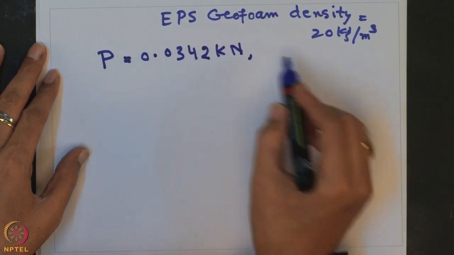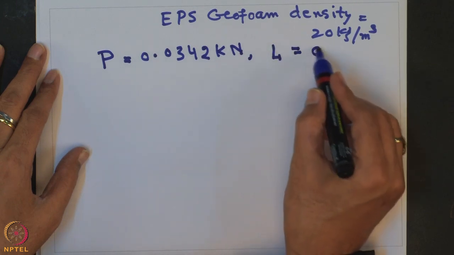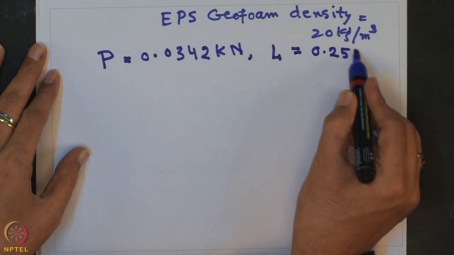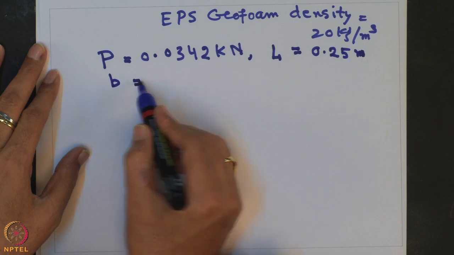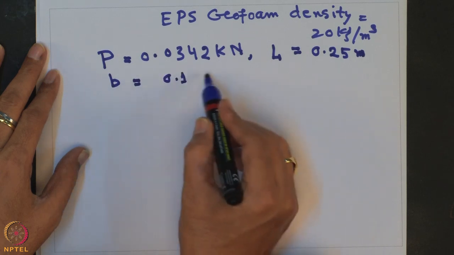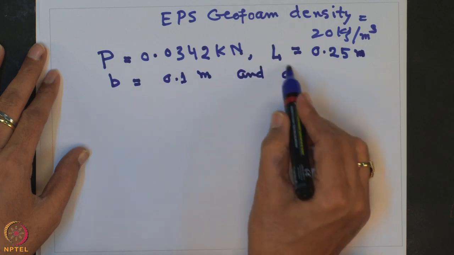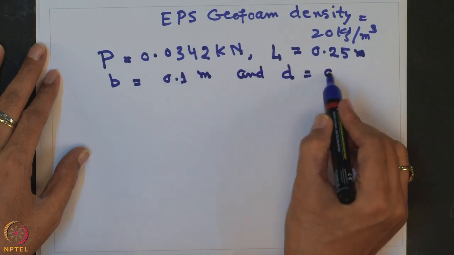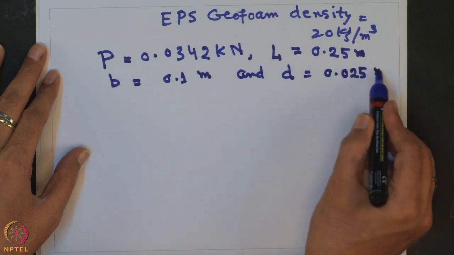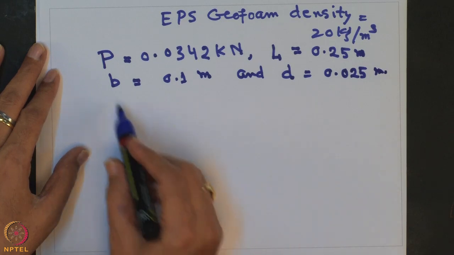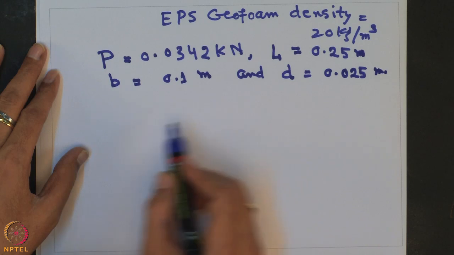The length of the EPS geofoam material is 0.25 meter, B is equal to 0.1 meter and depth D is equal to 0.025 meter. So, from this data you can calculate the flexural strength.